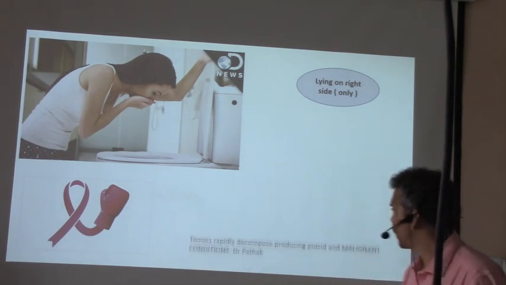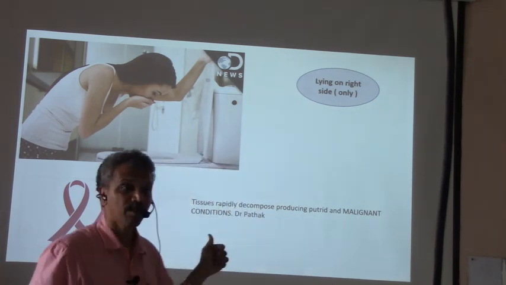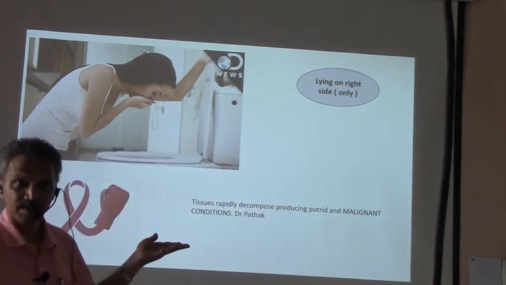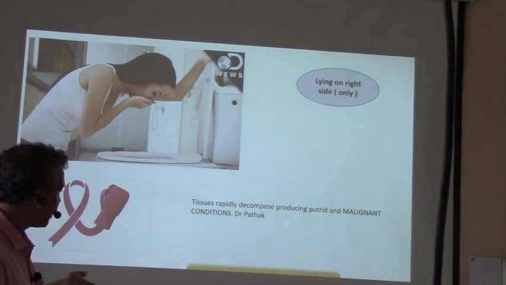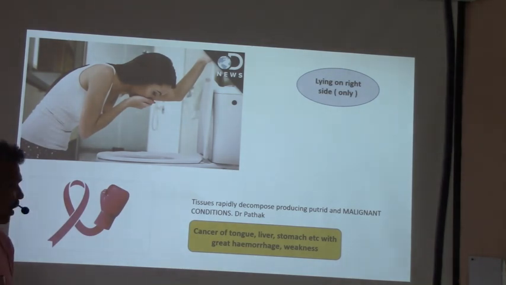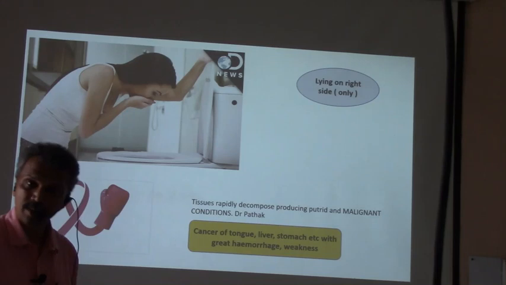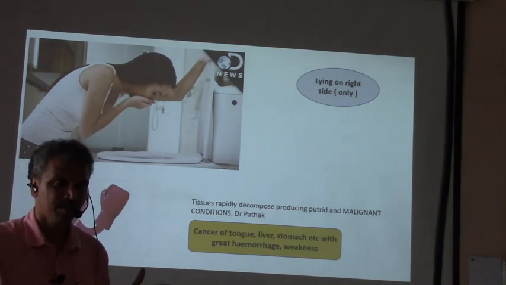Okay, like for example, we just saw that it can be a very good remedy for CA stomach, and it can also be a very good remedy for CA liver. A psychosyphilitic remedy having a tendency for cancer: CA stomach, CA liver, CA tongue, CA bladder, CA uterus, any CA.